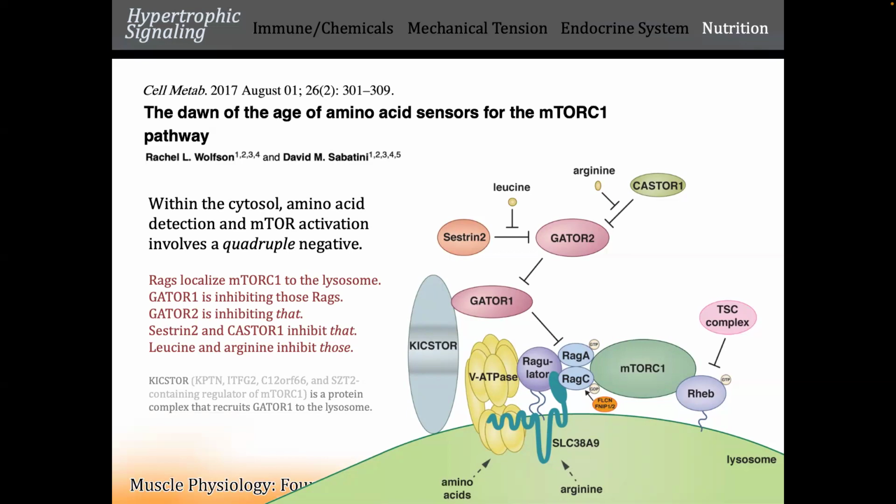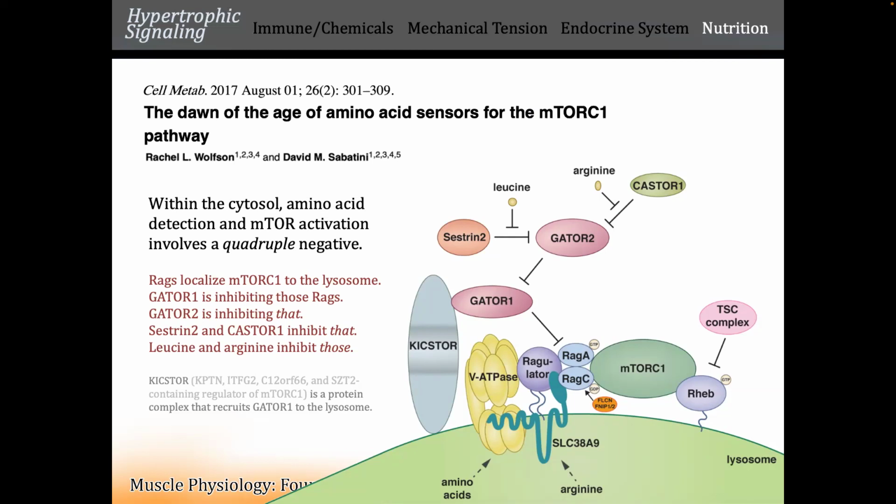With leucine deprivation, sestrin 2 will bind to GATOR2. And in the presence of leucine, sestrin 2 dissociates from GATOR2. And then CASTOR basically does the same thing that sestrin 2 does. It's just a different protein, but it too inhibits GATOR2. And arginine inhibits CASTOR1.